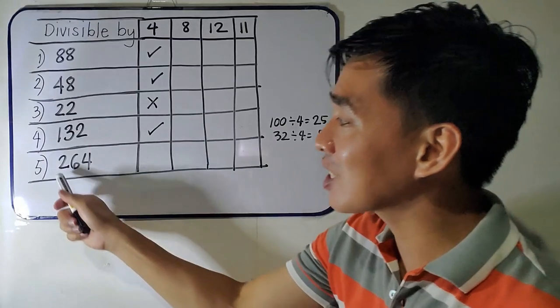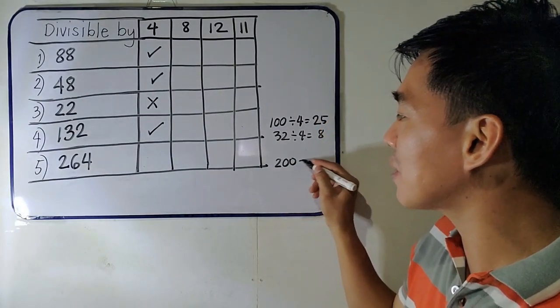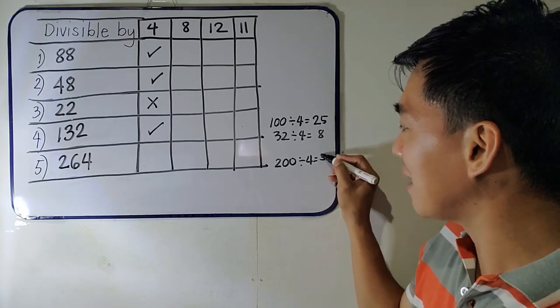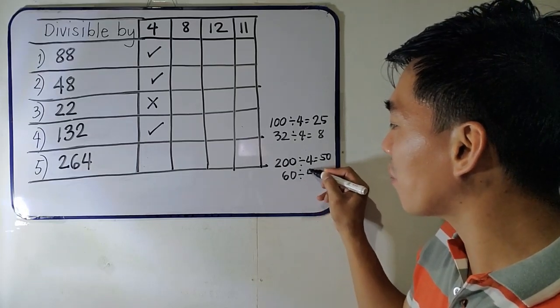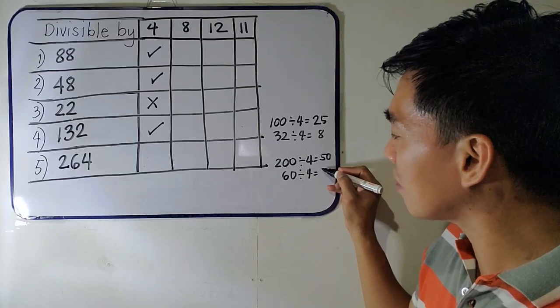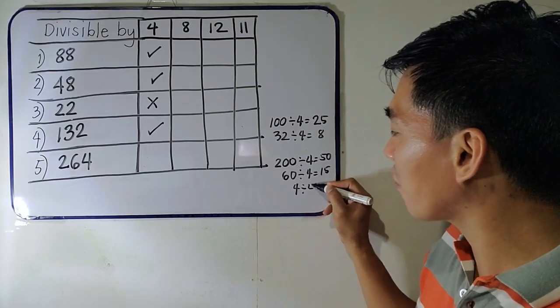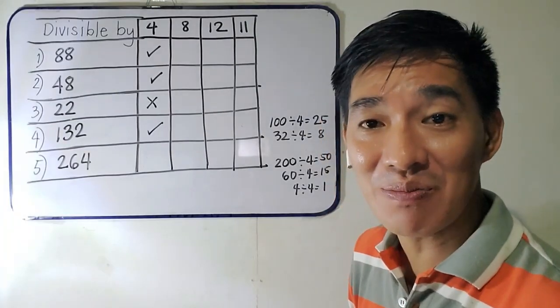And now, 264, so 200 is divisible by 4, which is equal to 50. And of course, 60 divided by 4, that is equal to 15. And 4 divided by 4, that is equal to 1. So 264 is divisible by 4.